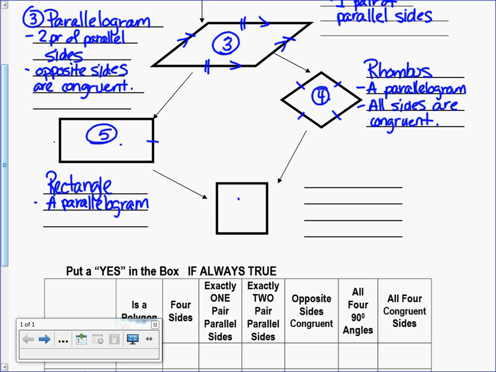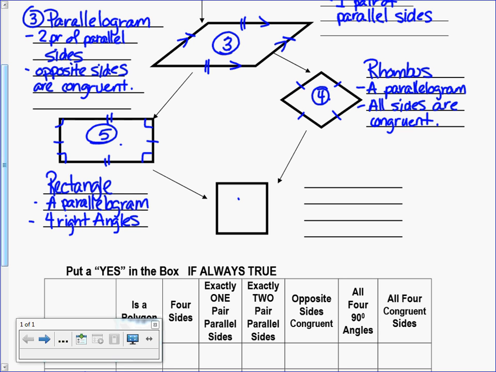Okay, so I have this side, this side, this side, this side. Unlike the rhombus where all sides are congruent, with the rectangle, the opposite sides are congruent. And it has the parallel sides, but it has an additional characteristic where it has 4 right angles. Okay, so that's our main characteristic of a rectangle.